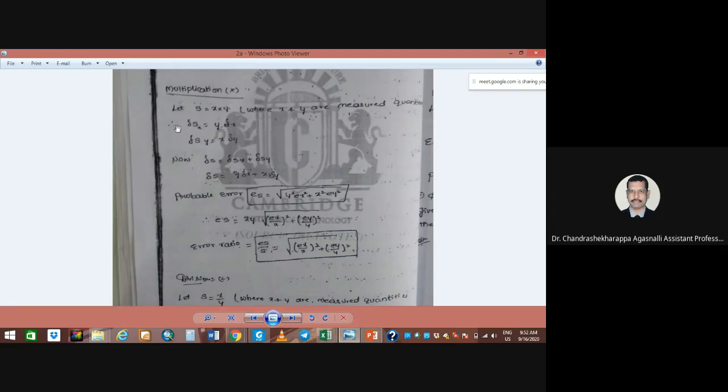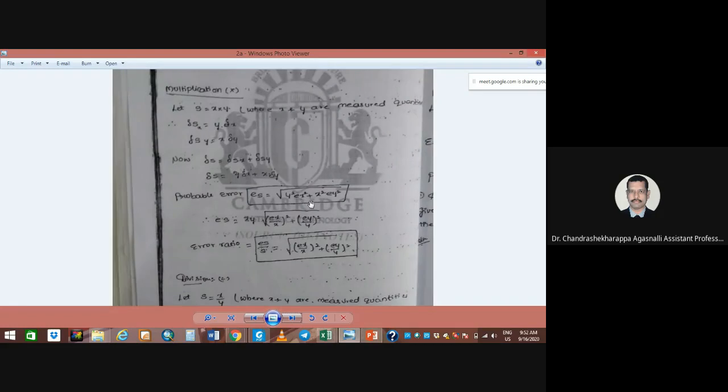Therefore, delta S is equal to Y multiplied with delta X. When you simplify, you will get the probable error ES, which we have already derived: the square root of Y squared EX squared plus X squared EY squared.